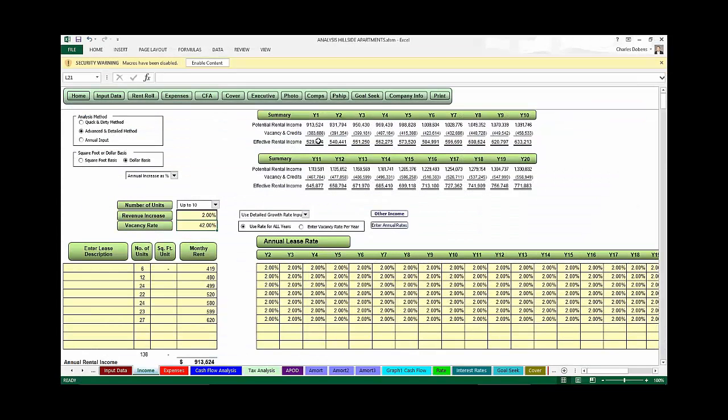This number has to equal 647. Let's redo the vacancy. 647, pretty close. Let's do 29%. 647, okay, so it's a 29% vacancy rate.